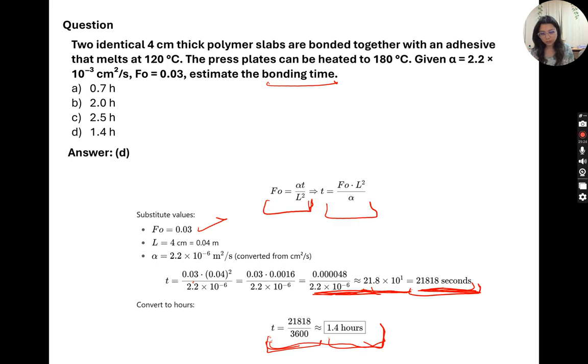Yes, it's the time it takes for the adhesive to melt. That's true. There is a little bit of difference in the calculation, I guess from here, I am getting my answer on solving this.